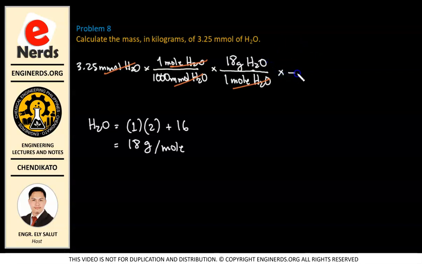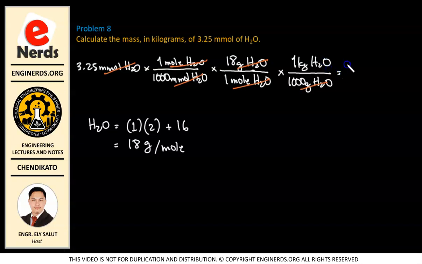So we're just going to convert this, and we know that for every 1 kilogram, we have 1,000 grams. Okay, so in this case again, as you can see, the grams of water will be cancelled out, and what's left is the kilogram of water in our numerator.